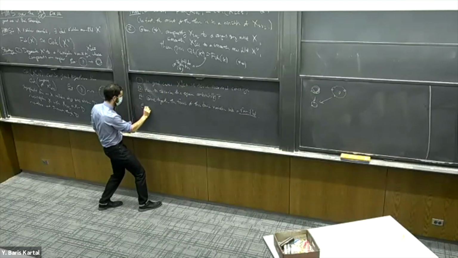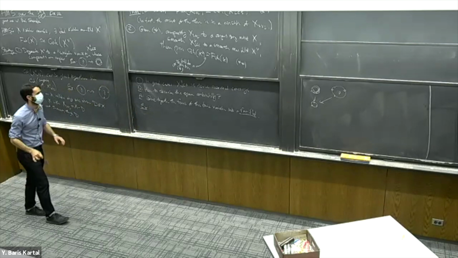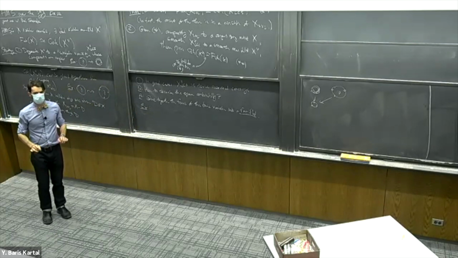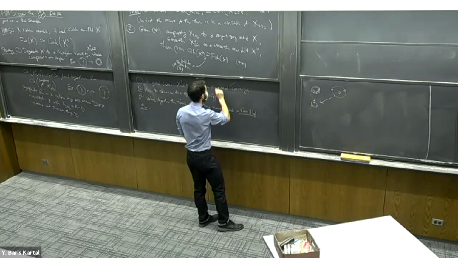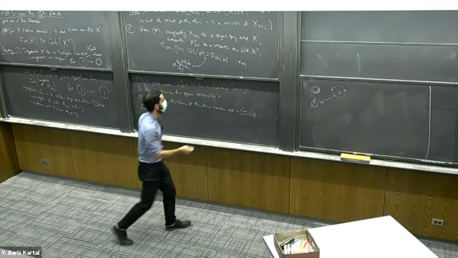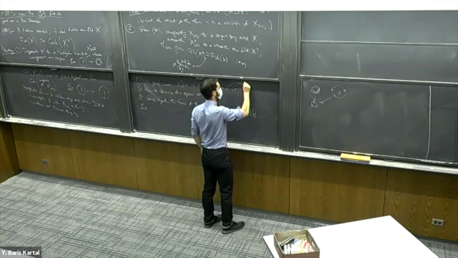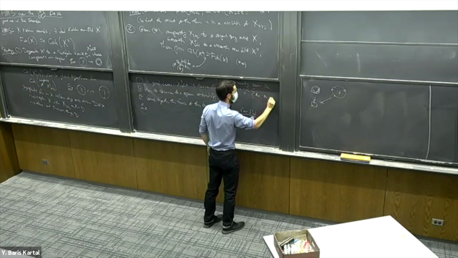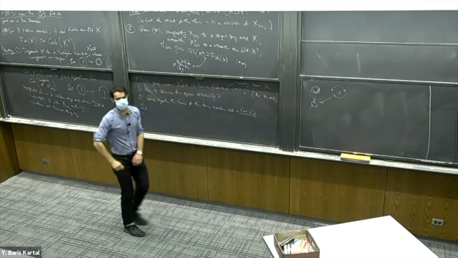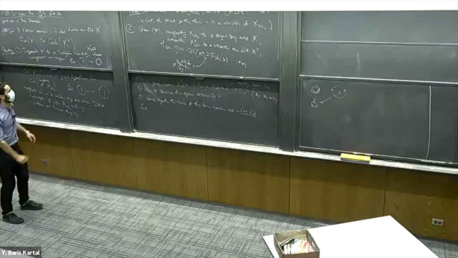So the example, yeah, normal crossings means, maybe simple normal crossings is what I would really like, which means locally it looks like x0 through xn equals 0.